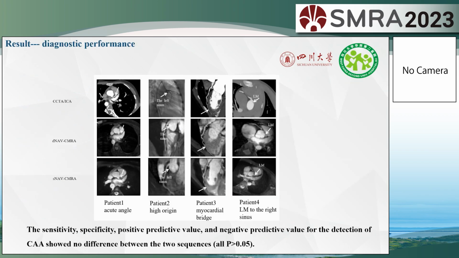The sensitivity, specificity, positive and negative predictive value for the detection of CEA showed no difference between the two sequences. The figure shows the representative images of self-navigated, diaphragmatic, and ICA and CCTA in pediatric patients with CEA.